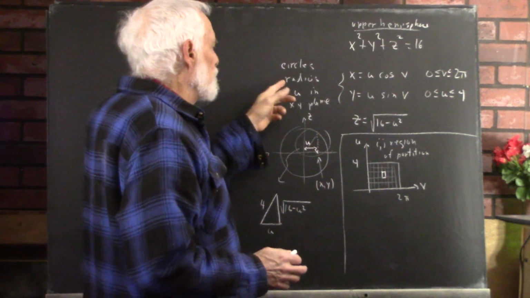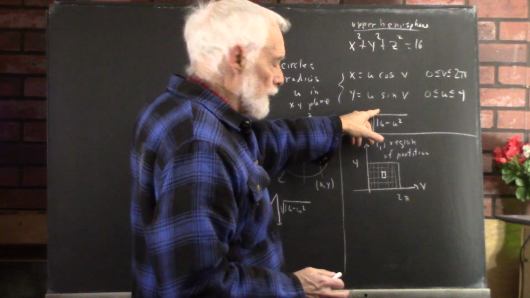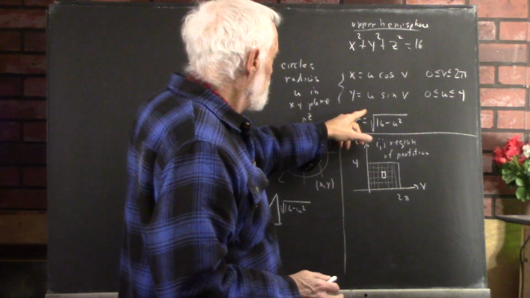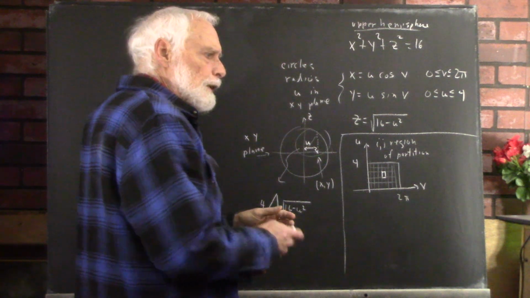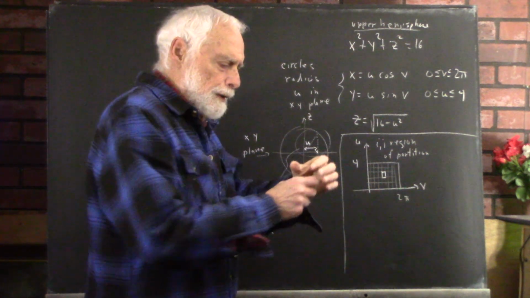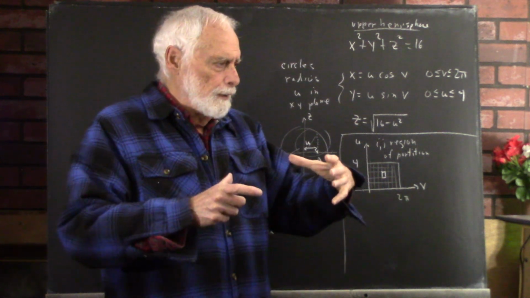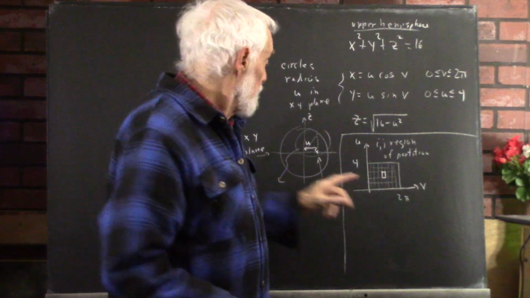So these circles, standard parameterization for a circle, and this would be a circle of radius u. So we have circles of radius u, and these circles can be thought of as starting in the XY plane, starting from the origin and spreading out until they get to the boundaries of the hemisphere.